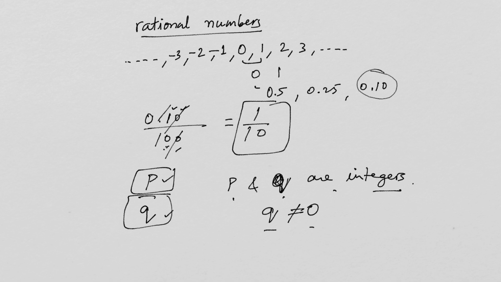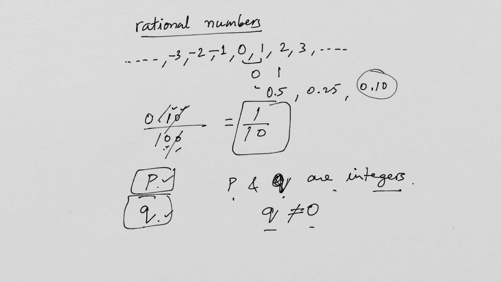Don't get stressed if you find something as P and Q. You can simply replace P and Q by integers. What are integers? Integers are the whole numbers and negative numbers included.